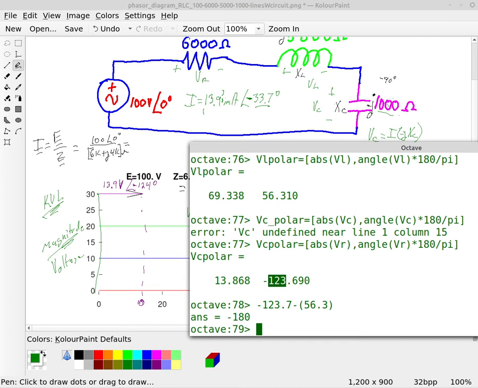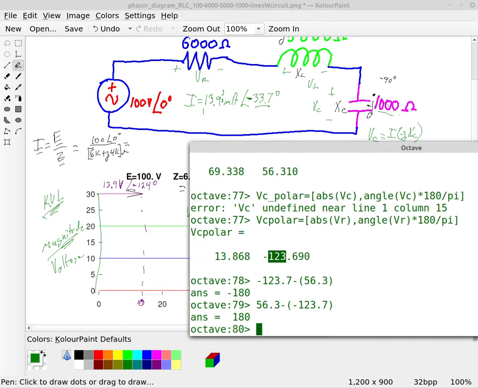And you could do it the other way. You could say it's 56.3 minus a minus 123.7. The fact is it's a 180 degree phase shift. So the capacitive voltage has a phase shift of minus 123 degrees. The inductor voltage has an angle of 56 degrees. The difference between those is 180 degrees.